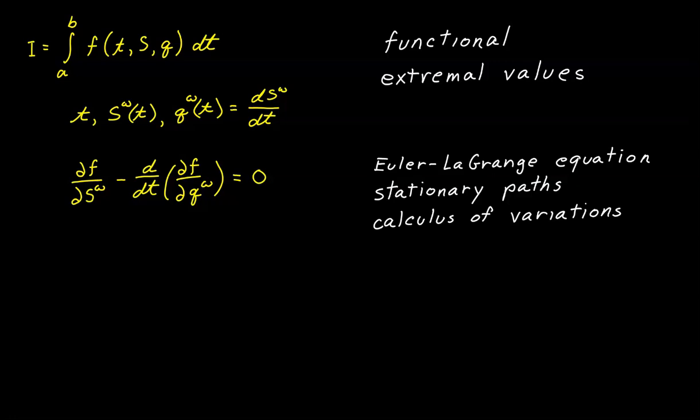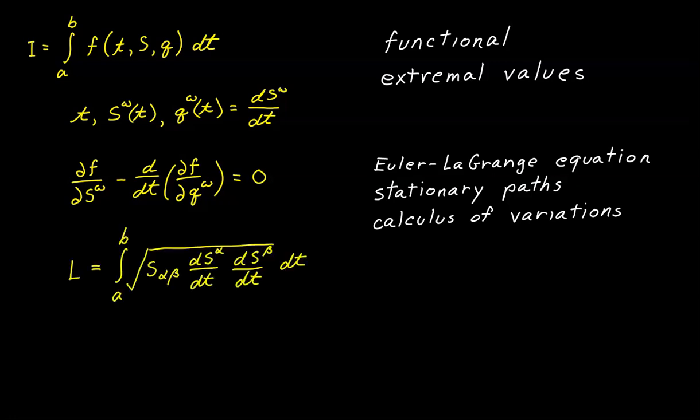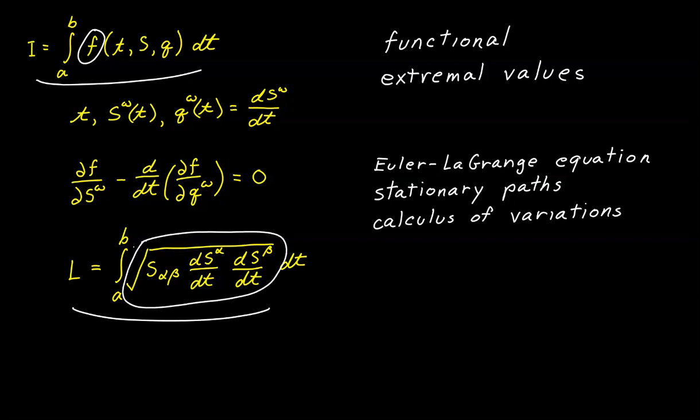Okay, so let's proceed. Back in video number 62, we derived this expression. We said we can find the length of our curve simply by evaluating this definite integral. Well, you'll notice that the form of this integral is exactly the same as our functional. Now, that would imply that the function we need to be working with, this value of f, is this radical expression right here.